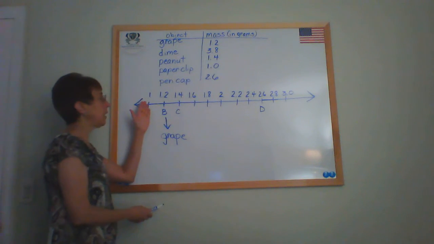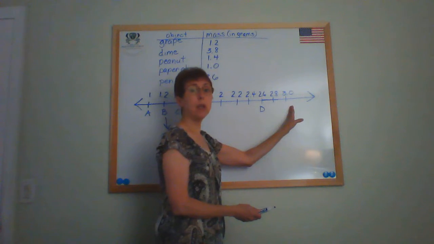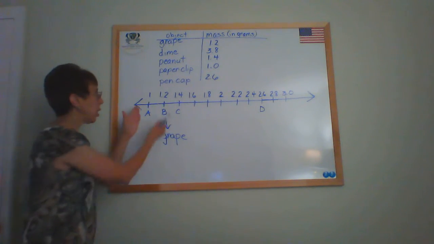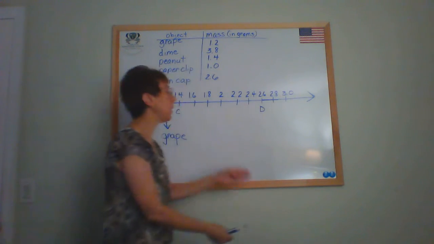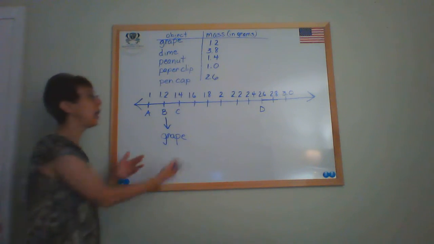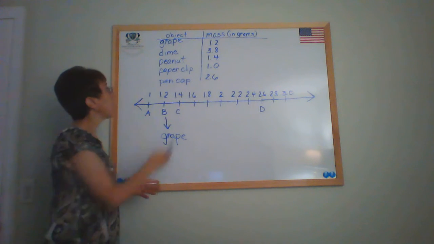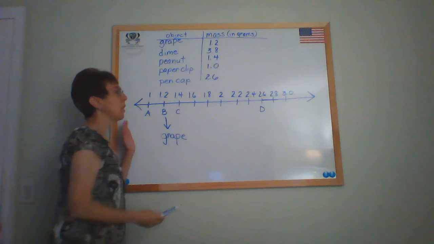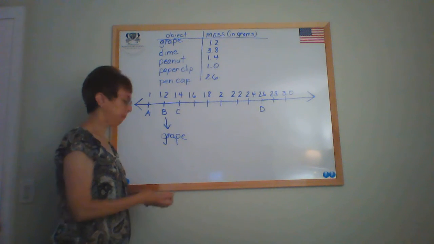Well, we started here at 1. We went up to 3. 3 8/10 would be where? Is it going to fall in between anything here on the number line? Would it come before what we have on the number line? Would it come after? The dime, the mass again is 3 8/10. Where would that fall on this number line?